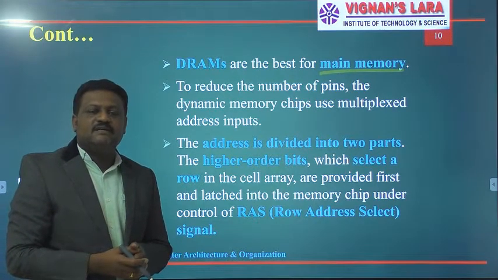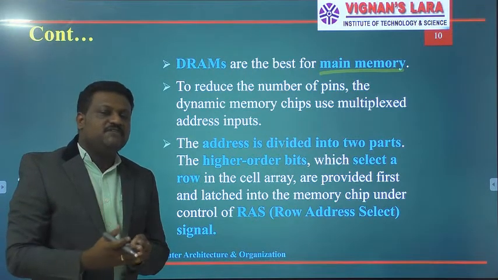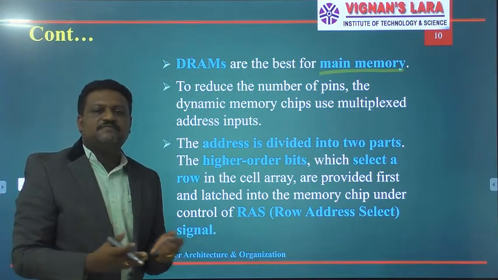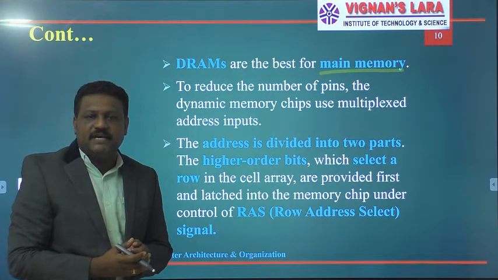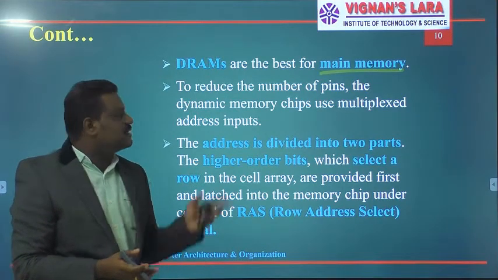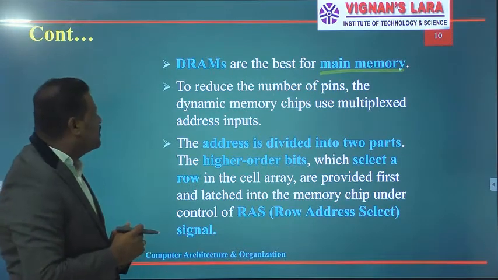So there the memory cell complexity is high. And once we are using all those transistors in the memory cells, no doubt the speed of operation is very high. That's why SRAMs are used as cache memories, but DRAMs are used as main memories. That you have to remember.